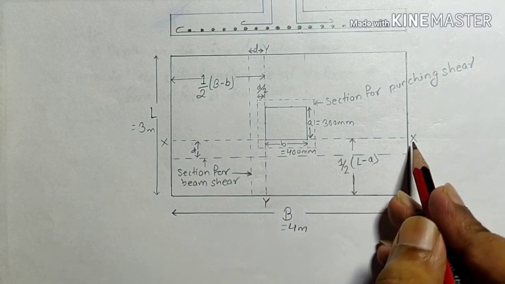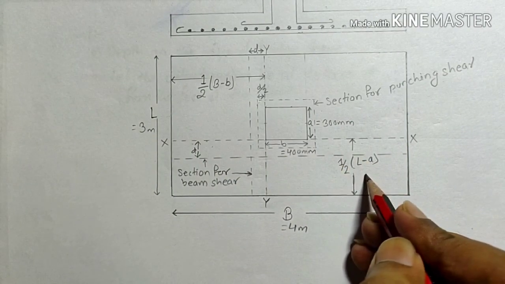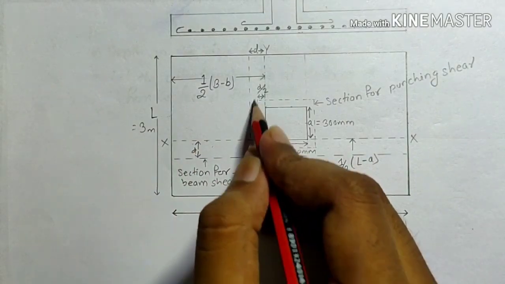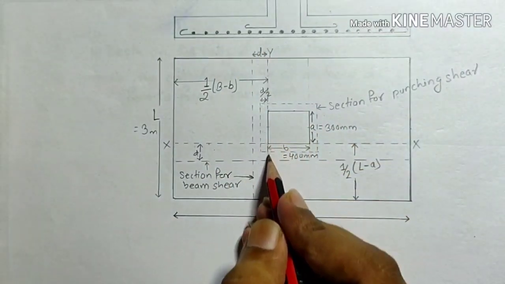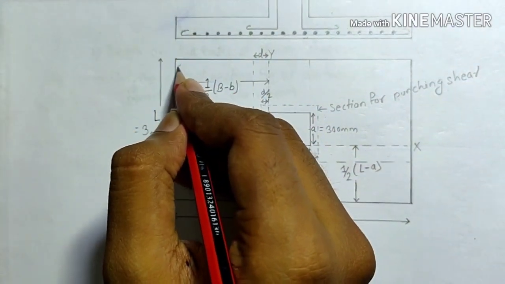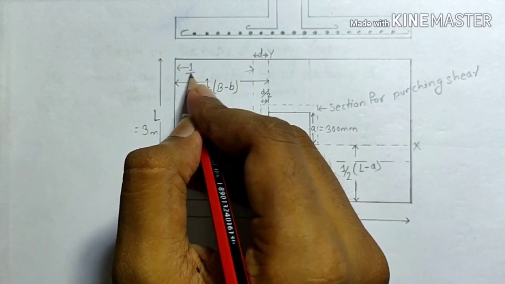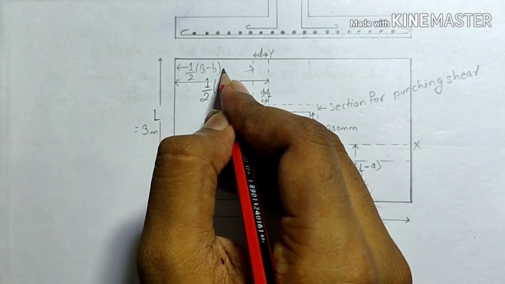If our moment about the x-axis had been greater, then we would have to take this span. We have considered that the critical section is at distance d from the face of the column. So this span is going to be up to here, our span is going to be 1 by 2 times capital B minus small b minus d.